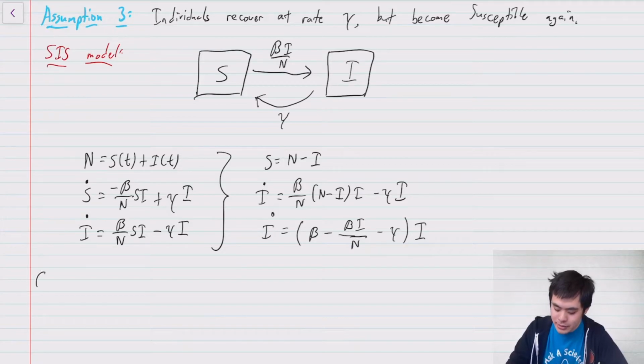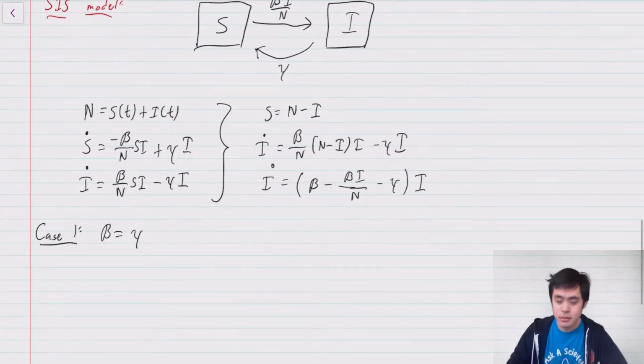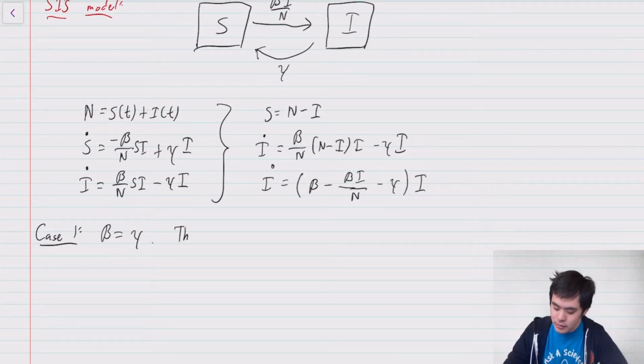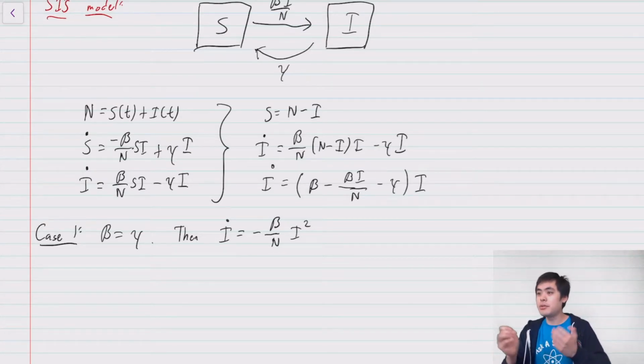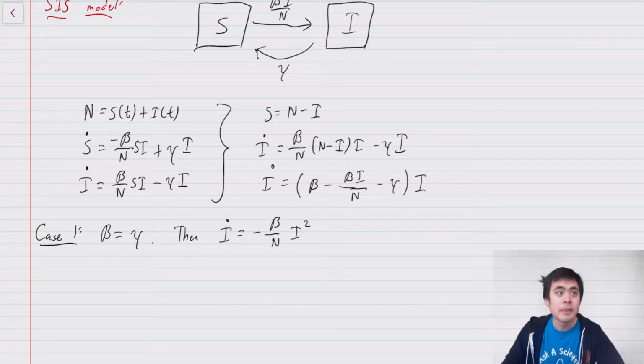So the first case is where beta is equal to gamma. Well, then I dot is equal to minus beta over n I squared, because the beta and the gamma cancel out, and I bar is equal to 0.